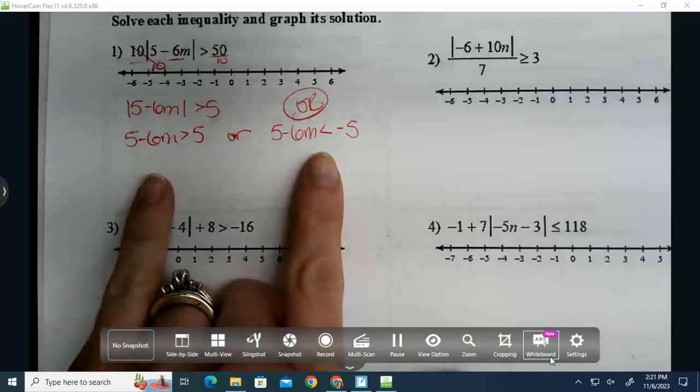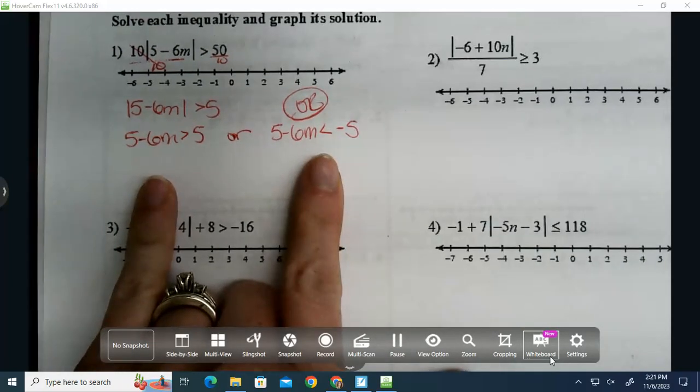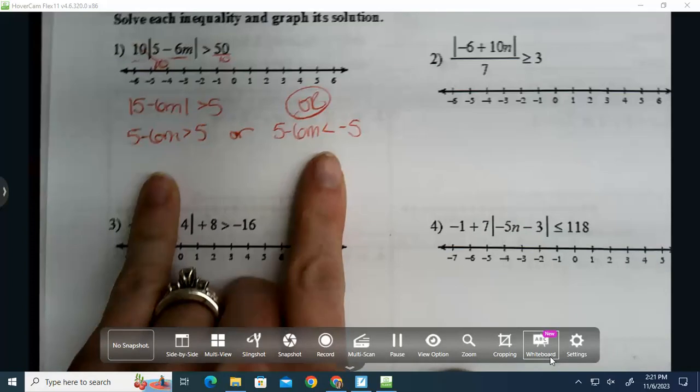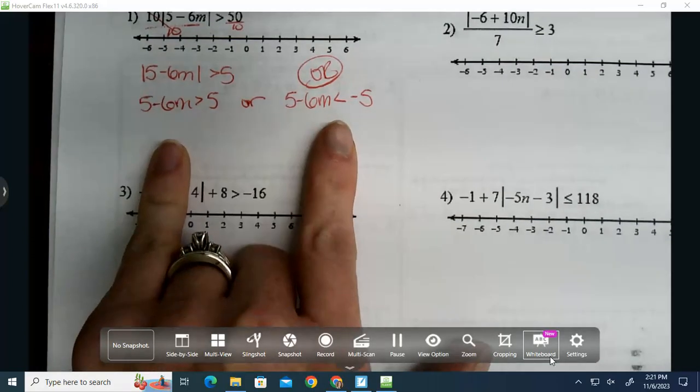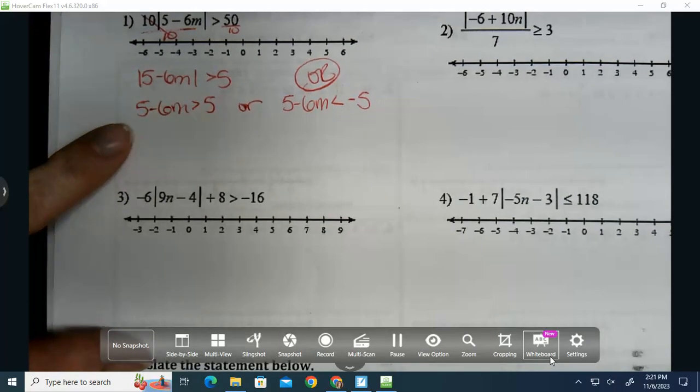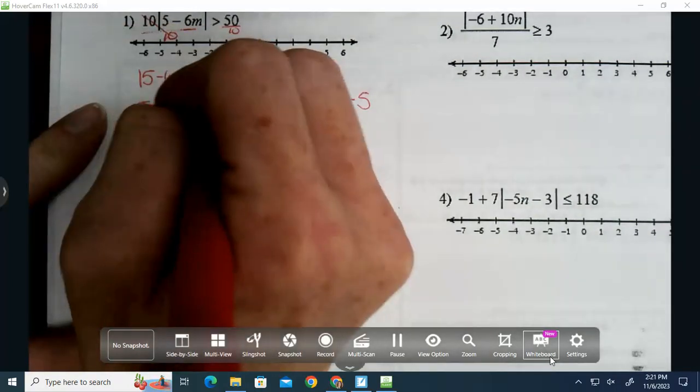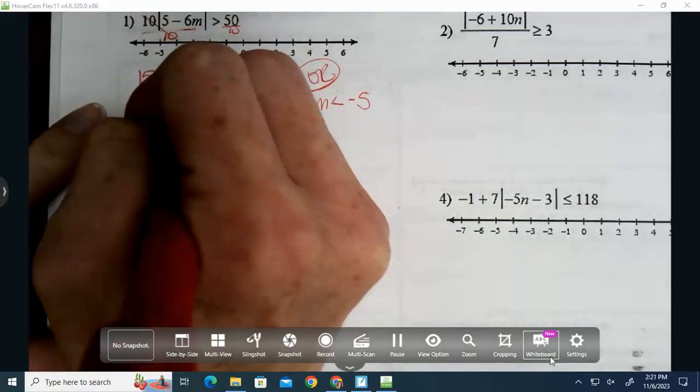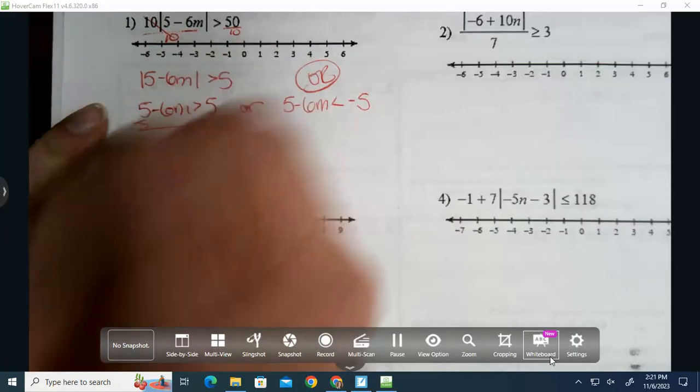All right, you'll notice at that step, it is no longer an absolute value. Now I have two problems and I am solving each of those problems individually. So what would I do here? So I get negative 6m is greater than 0. And then what do we do?